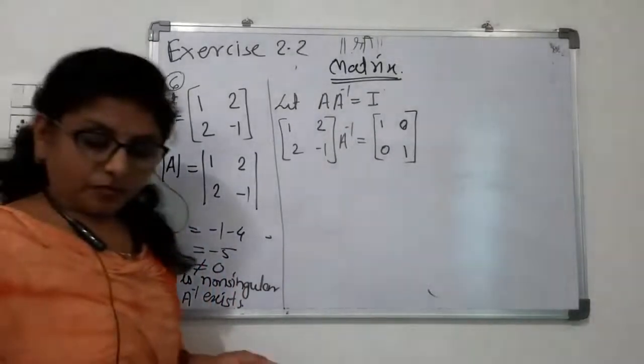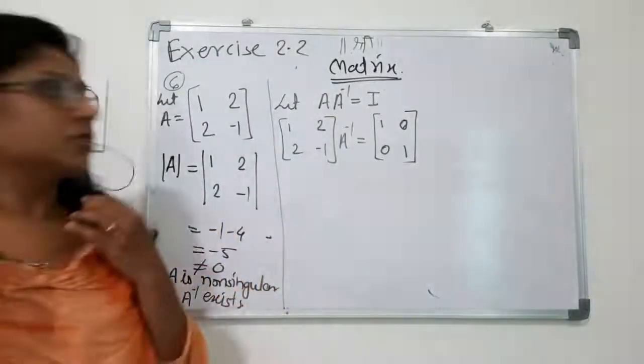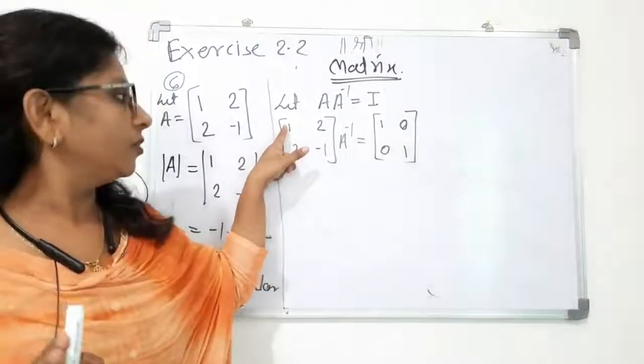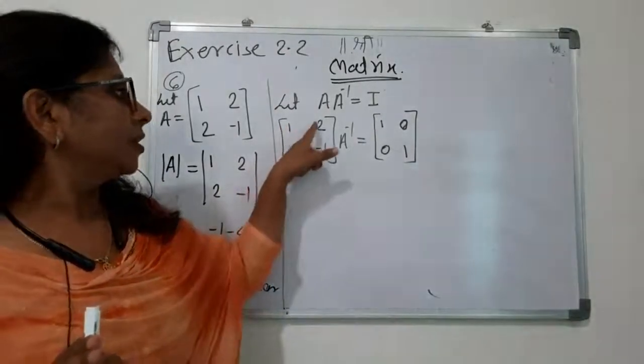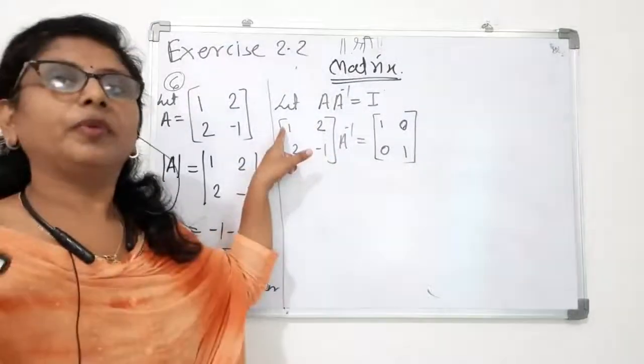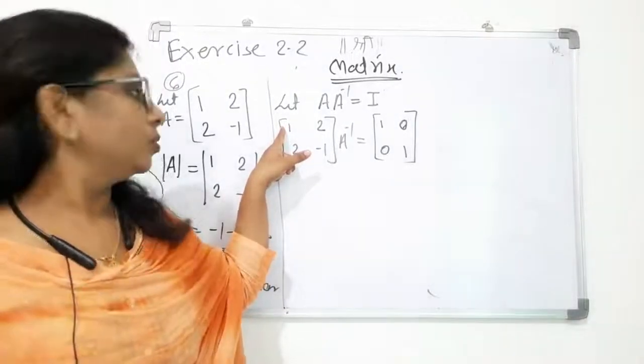Okay, so we have to decide whether column transformations are suitable or row transformations are suitable. See, now 1 is already there at the place of 1, means here we want 1, here 0, here again 1, and here 0. So it is already 1 there. So you may use row transformation or column transformation, no problem.